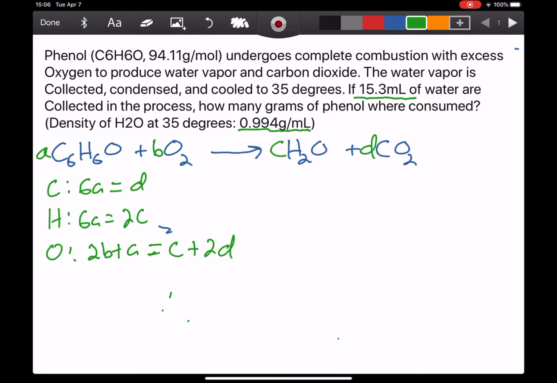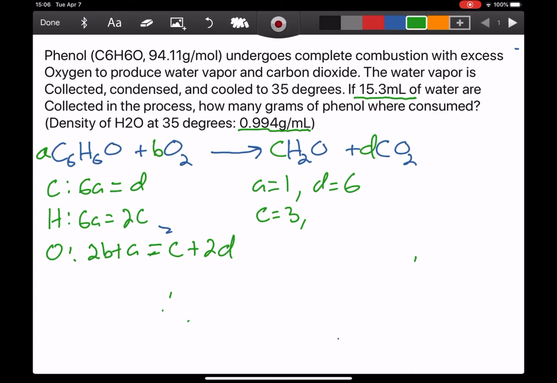Now, if I were to go through and set A to 1, because 6A is equal to D, that would mean D is equal to 6. If I set A equal to 1 and 6A is equal to 2C, then C would equal 3.